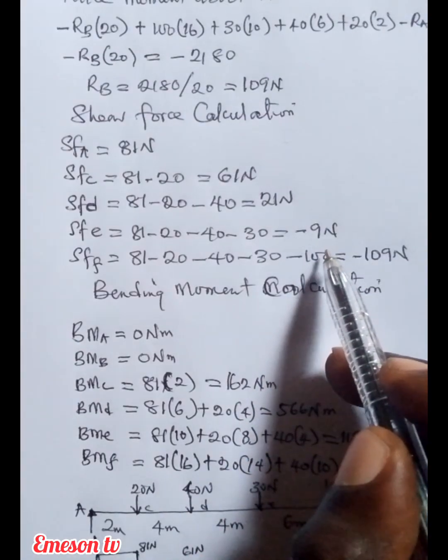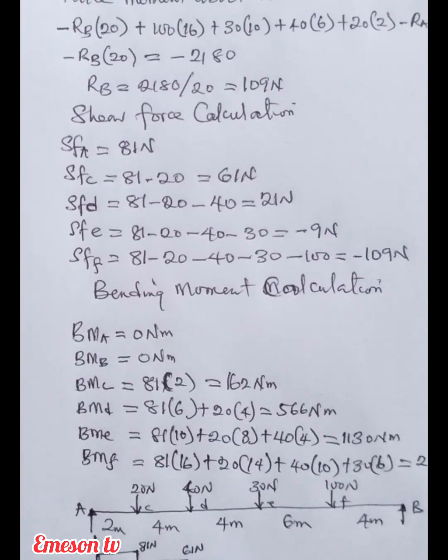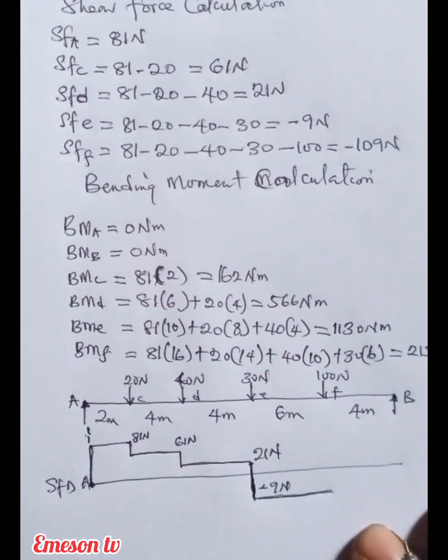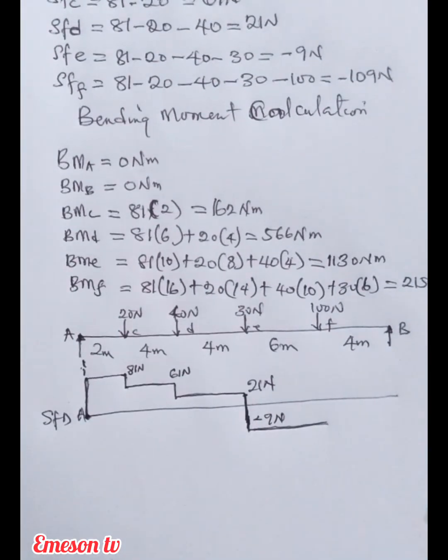At point E it is -9, so it comes down to the negative side. Here is minus 9. This minus 9 will be constant to the next shear force value, which is minus 109.